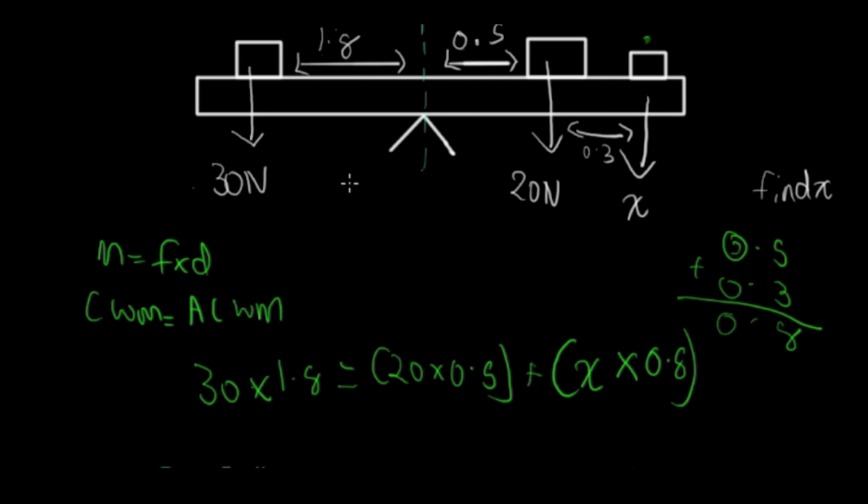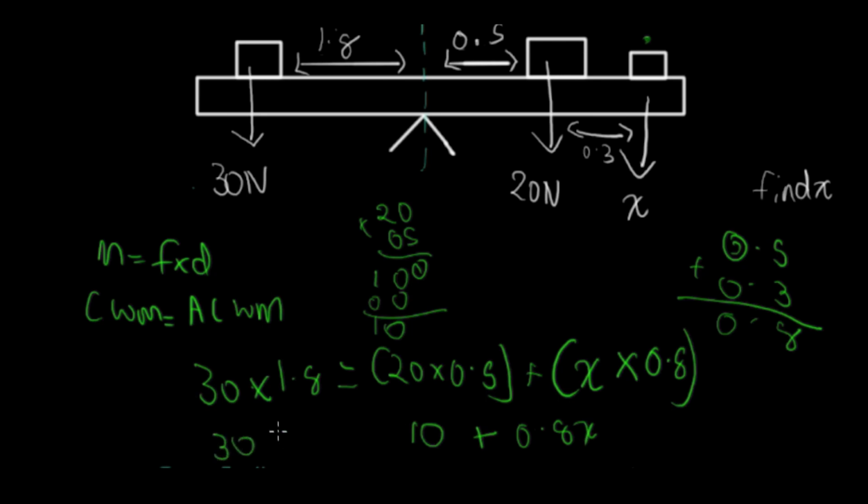Then we work it out. 20 times 0.5 is equivalent to 10. So 30 times 1.8 is equivalent to 10 plus 0.8x.